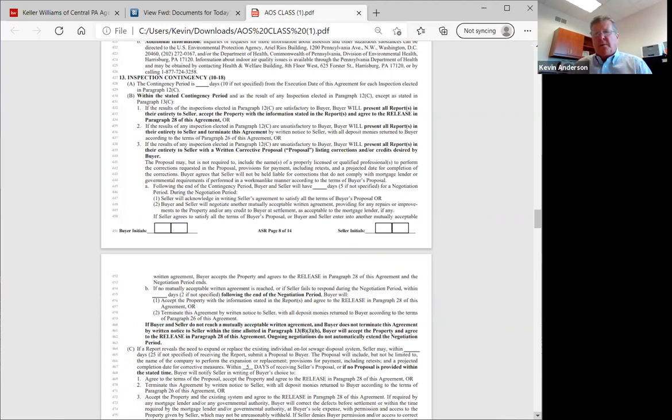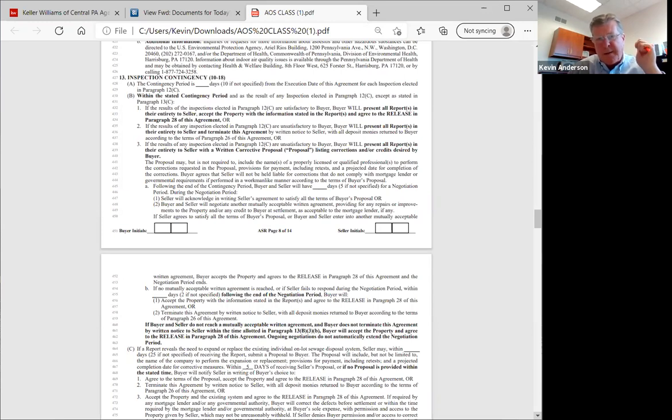If the seller still is not responding, or the seller's agent, and now you've used up your 10 days, your 5 days, you replied in writing on the 10th day, 5 days, nothing's getting done. And in 3B, it says, if no mutually acceptable written agreement is reached, or if seller fails to respond during the negotiation period within 2 days, if not specified, again, you can plug something else in, but within 2 days following the end of the negotiation period, buyer will either accept the property and agree to release it, or terminate and get their deposit monies back.